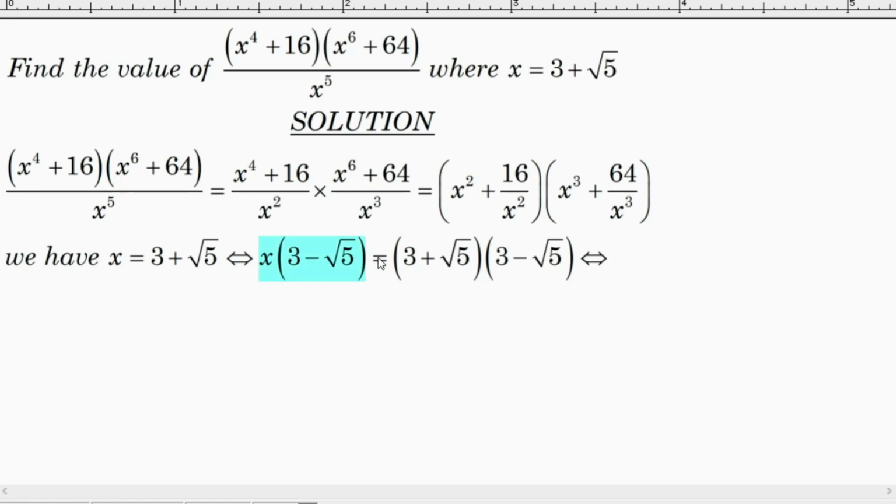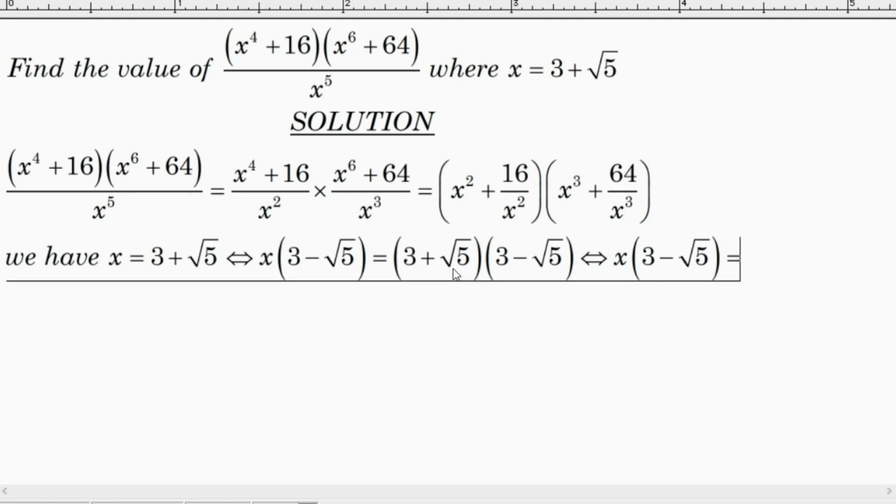As we can see in the formula, (a plus b)(a minus b) is equal to a squared minus b squared.